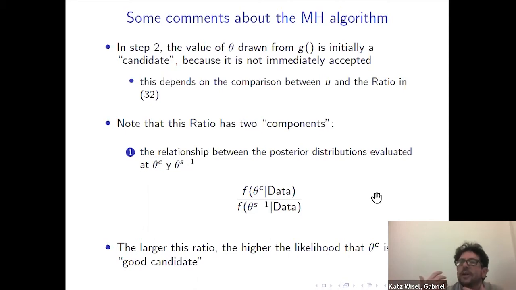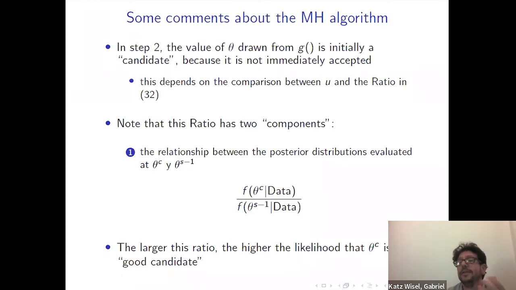So the parameter we sampled at the previous iteration of the algorithm. Essentially, the larger this ratio of the two posterior densities, the higher the likelihood that the candidate is actually a good candidate.